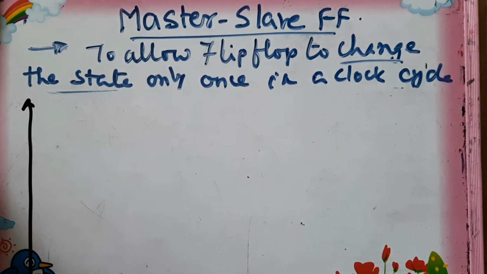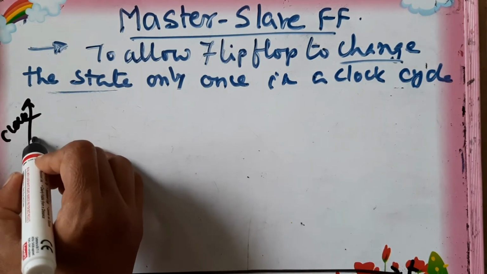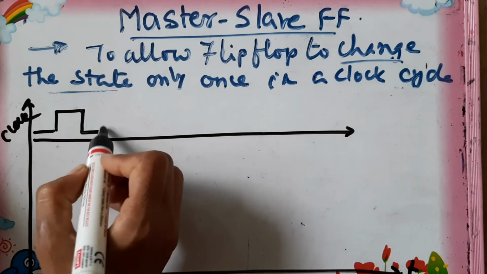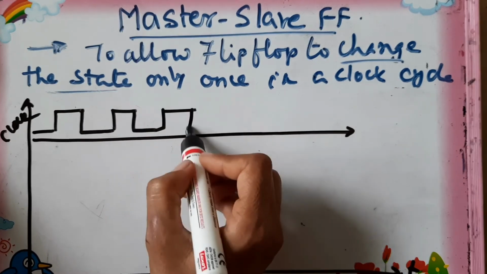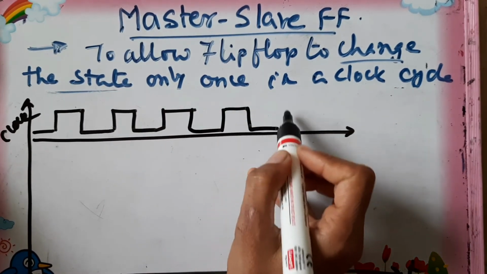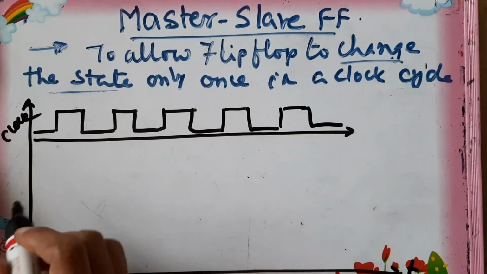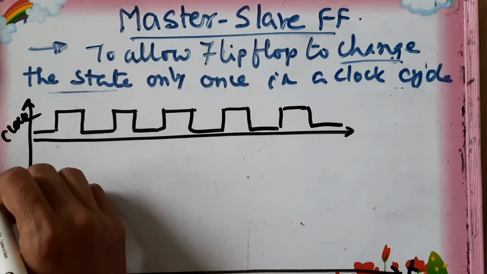Okay, this is my reference axis Y, time axis T. So if the clock is varying like this in time, this is clock.